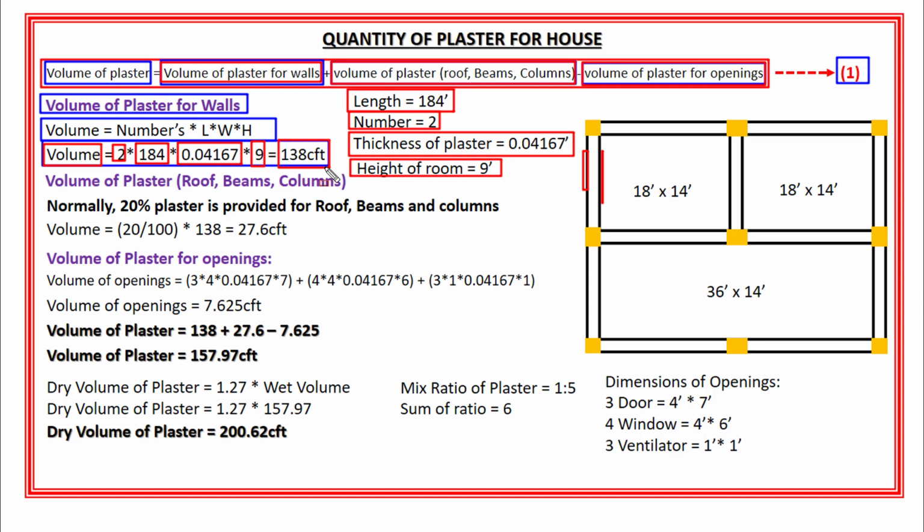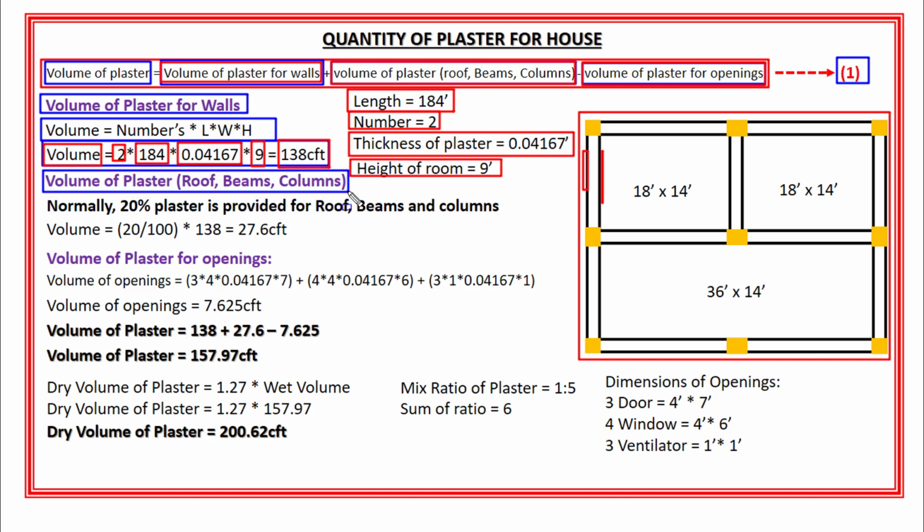Now this 138 cubic feet is the wet volume of plaster only for walls of these rooms and living room, right? Next is the volume of plaster in roof, beams and columns. Okay? Now for the volume of plaster in roof, beams and columns, I will use my own personal experience.